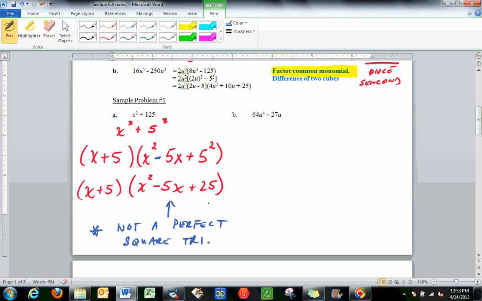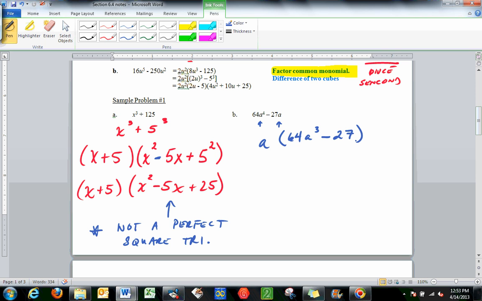Part B gives us a polynomial with a degree of 4, but it also has a common monomial that we can pull out of there. So the first thing that we're going to want to do is pull out the a value. So I can factor out a common a, which gives me 64a to the third minus 27.